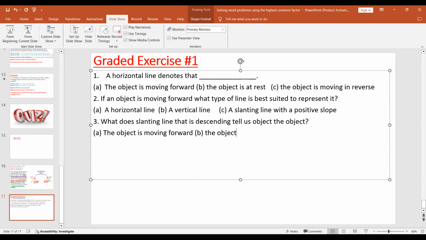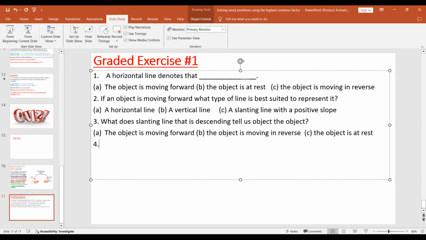The object is moving in reverse. Or C, the object is at rest.